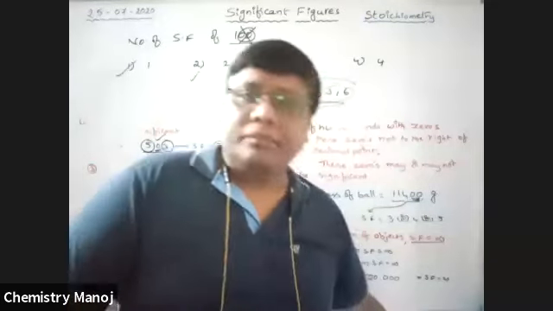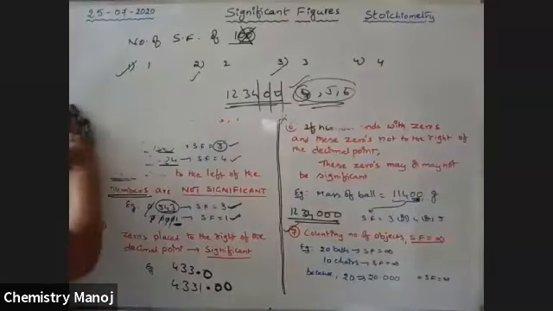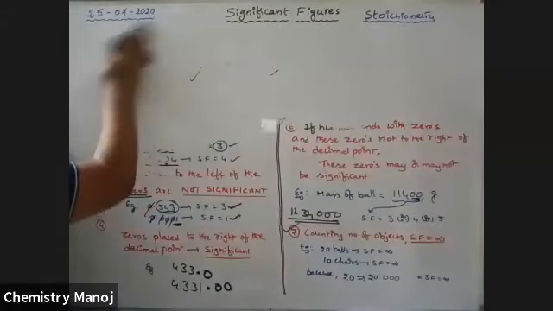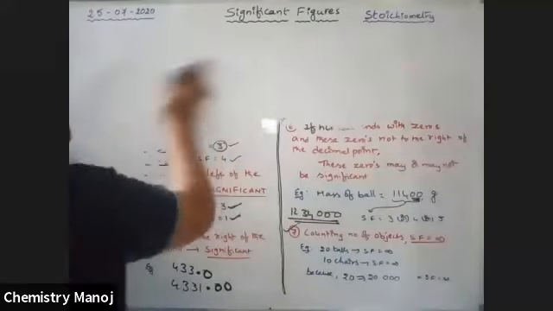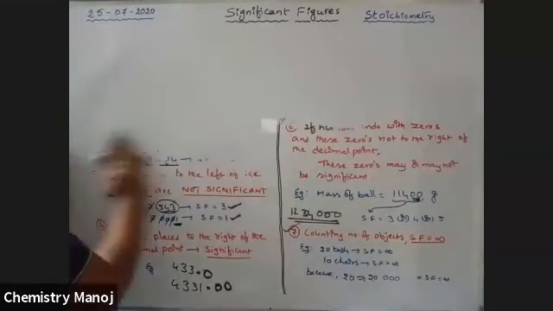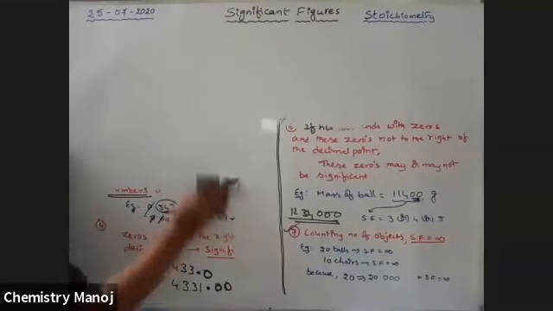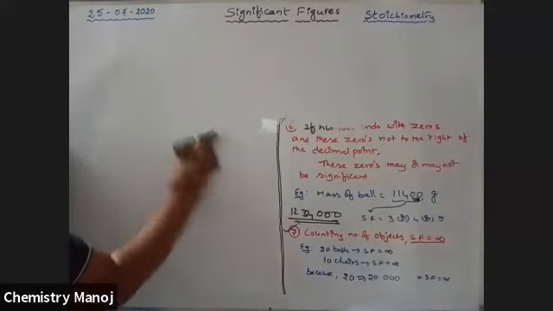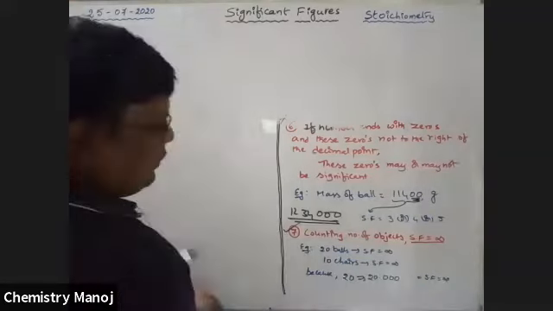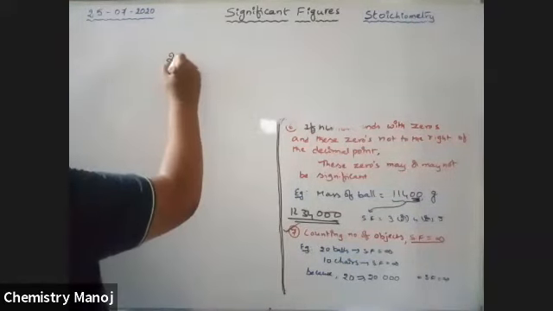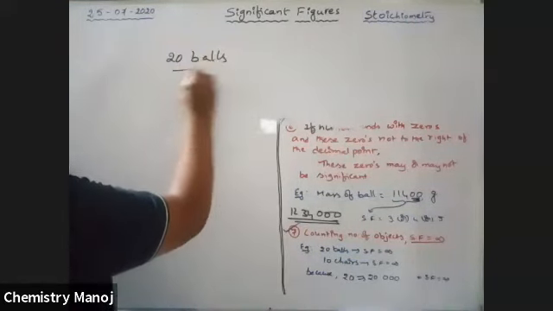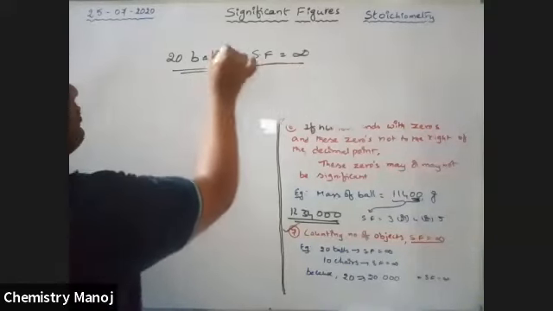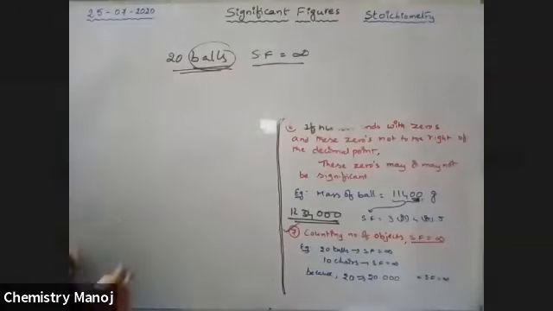For example, 20 balls. Significant figures is equal to infinity, because it is the counting of balls.